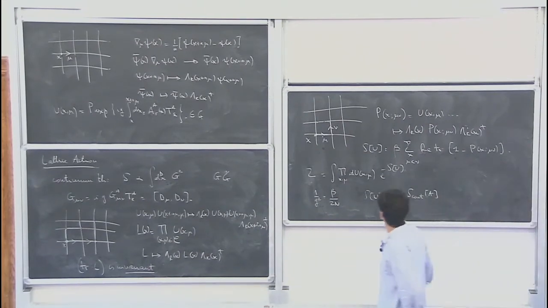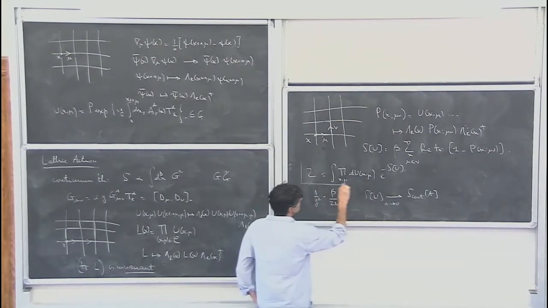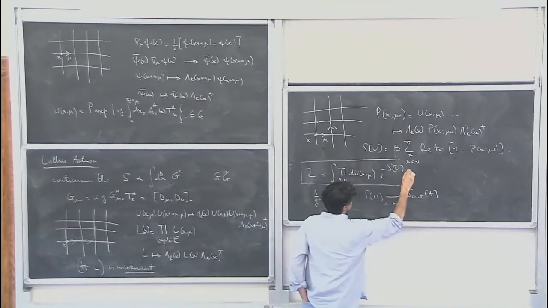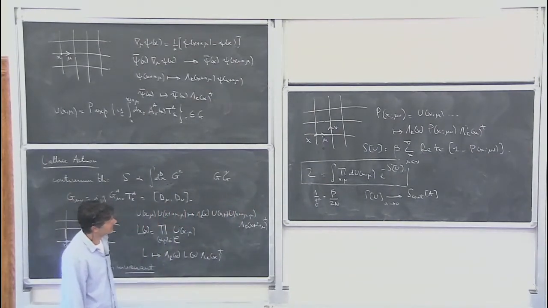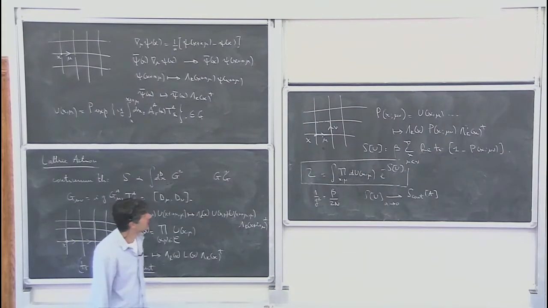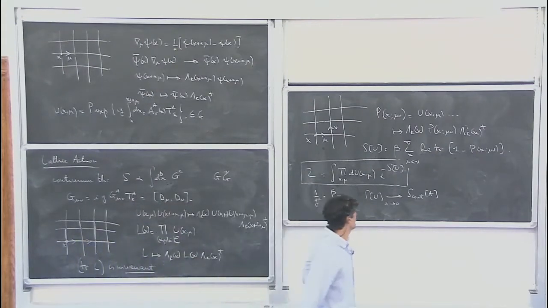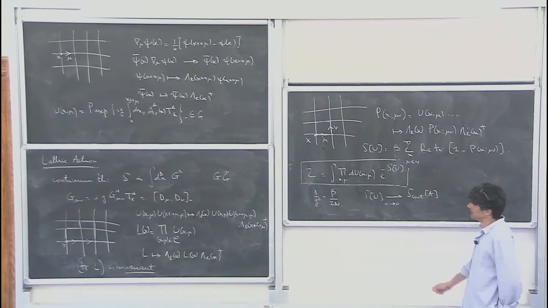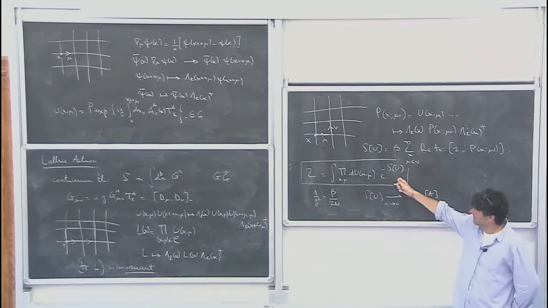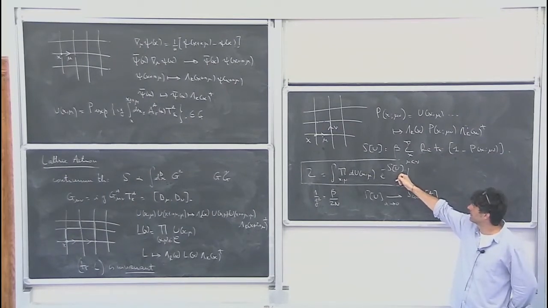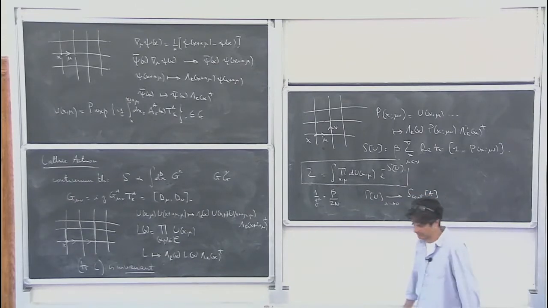So this is our path integral here. This completely defines our gauge theory. As we said before, in the case of the scalar field theory and the fermionic field theory, this is a definition which is non-perturbative, which goes beyond perturbation theory. You don't need perturbation theory to make sense of this expression.